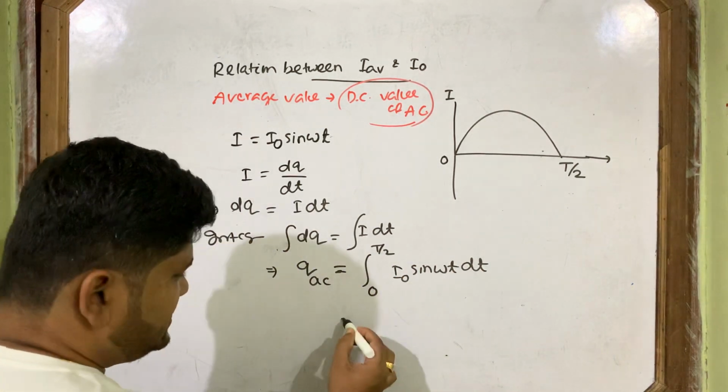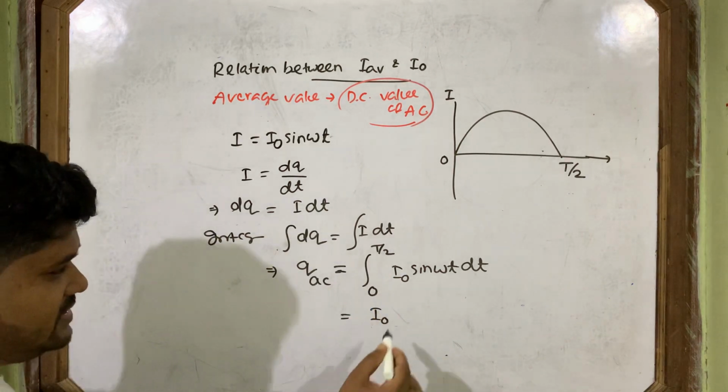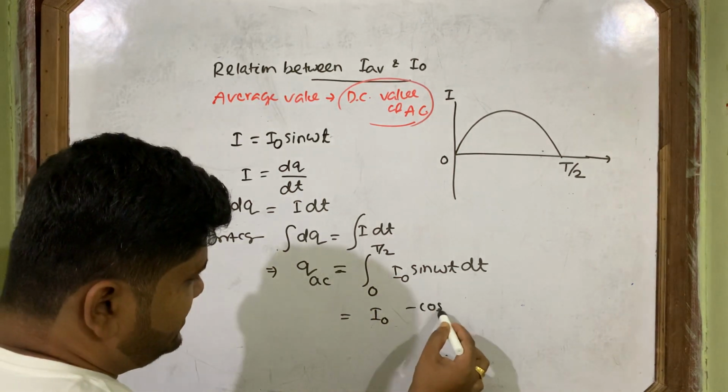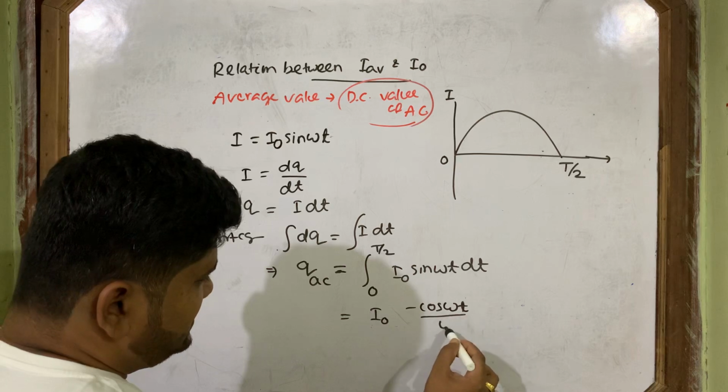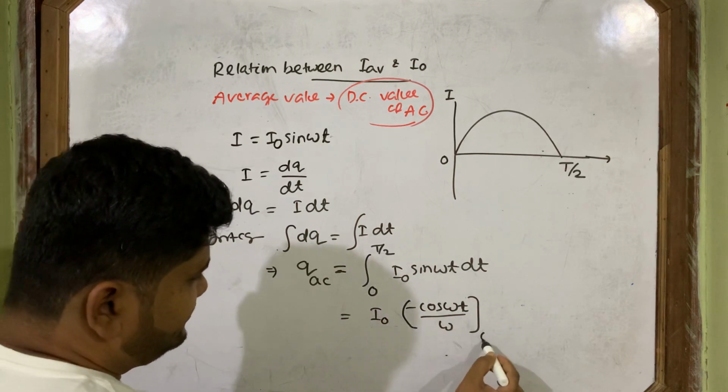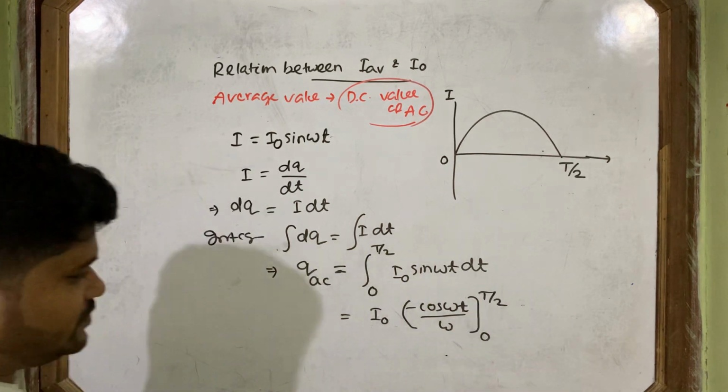So now do this integration. I naught is constant, and the integral of sine omega t dt is minus cos omega t by omega, from 0 to T by 2.